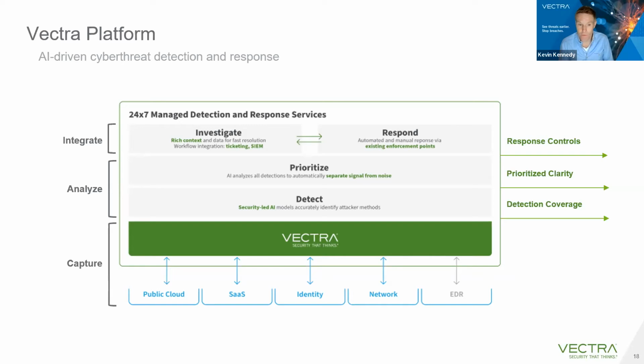We tie that all together, detect and prioritize across it, and then give you the tools to investigate and respond quickly, tying into your existing tools and workflows, as well as enforcement points like the EDR, a NAC, or a firewall, so that you are building the intelligence in to help stop attacks once things have been detected.